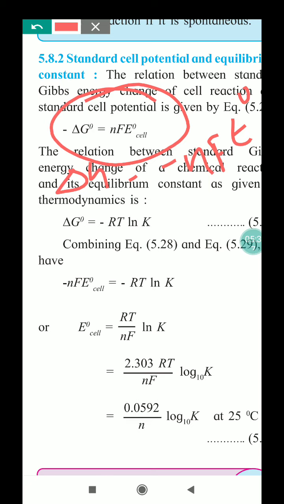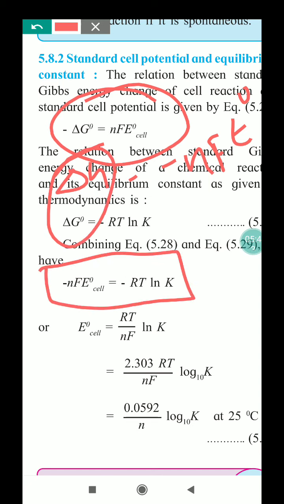So by equating these two equations, we have minus nFE0 cell is equal to minus RT ln K. By reshuffling this equation, we get EMF of the cell is equal to RT upon nF ln of K, the minus signs cancelling.